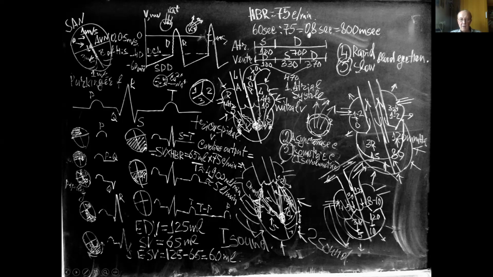They are closed because the pressure in the aorta is approximately 120 millimeters of mercury, and here 30 millimeters of mercury. The starting point is the atrial systole. These arrows show the contraction of the atria, and the pressure increases in the right atrium to 5 and in the left to 10 millimeters of mercury.